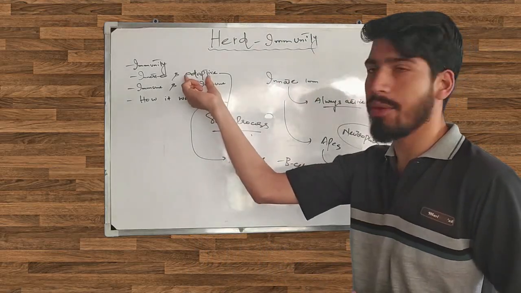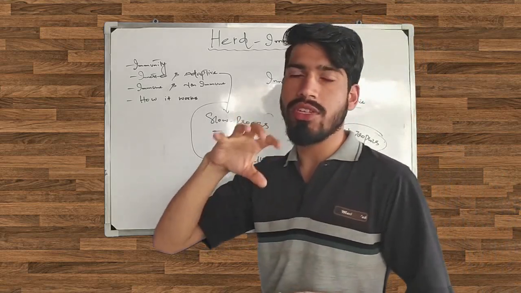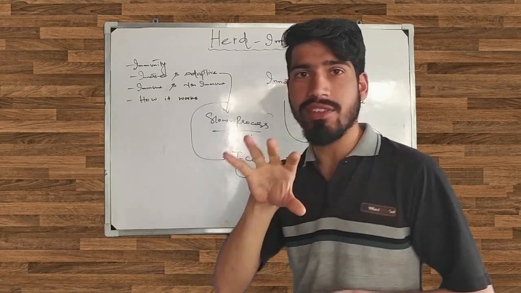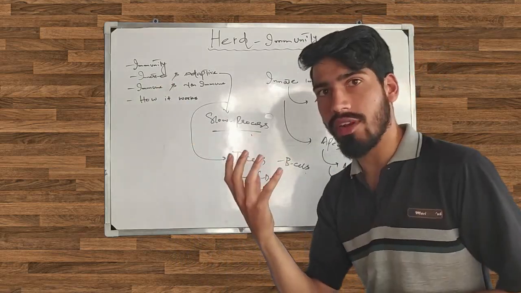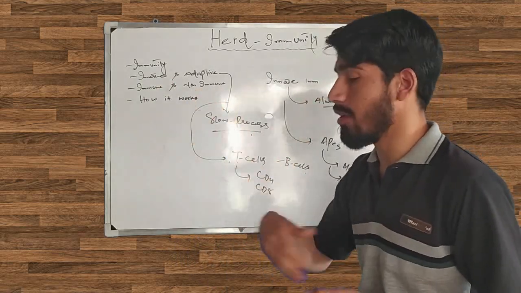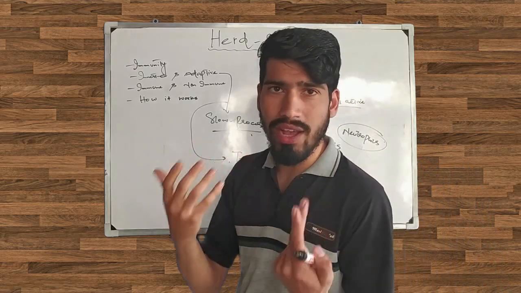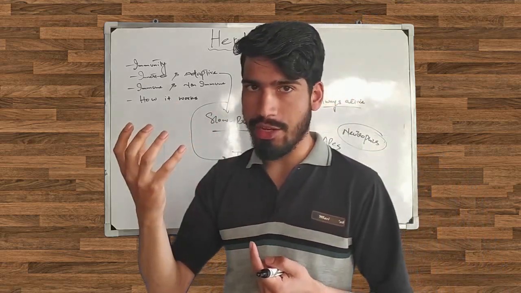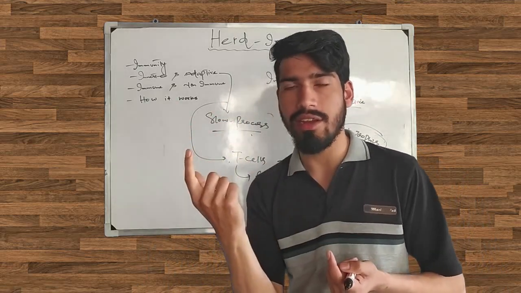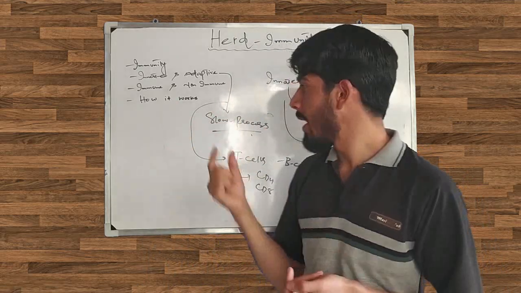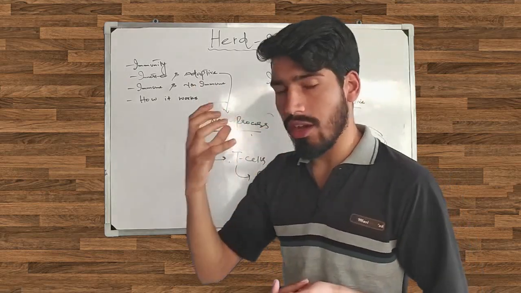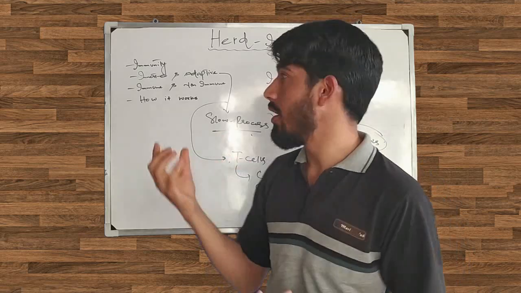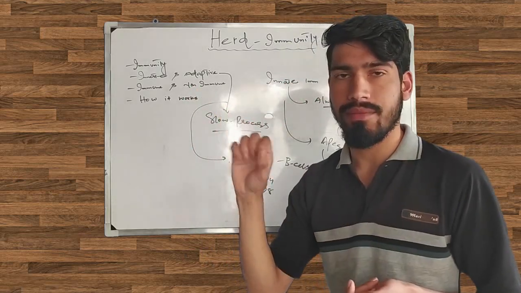Okay, so this is adaptive immunity. In adaptive immunity, the antibodies remain for a long time, but innate immunity is not present for a long time. Adaptive immunity produces specific antibodies against that antigen or pathogen, and has the potential to remain for a long time.